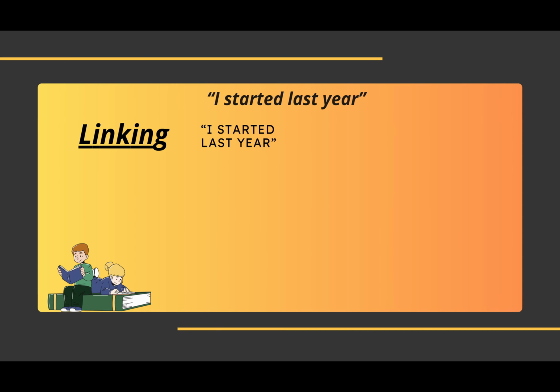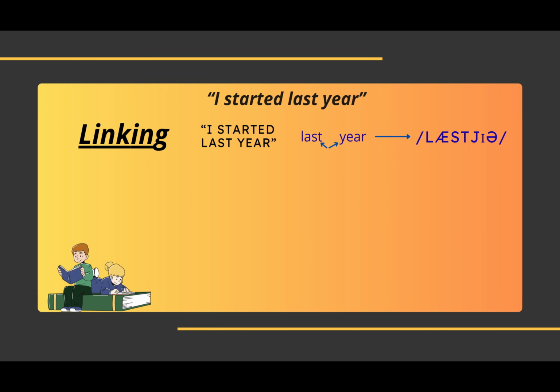So in natural conversation, and when we listen to the dialogue in the video, we will notice how the person does not say "last year." The person will say "last year," because there is a linking between those sounds, right? Like this, "last year."